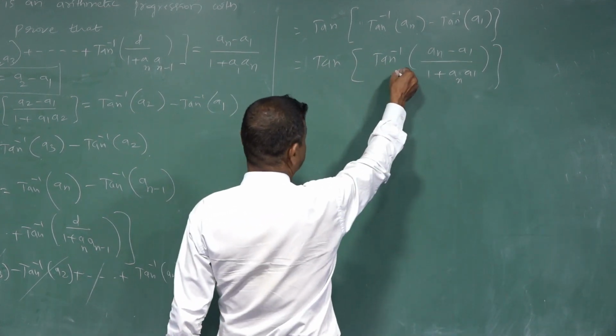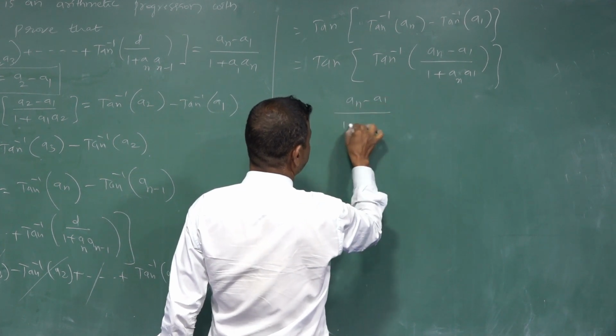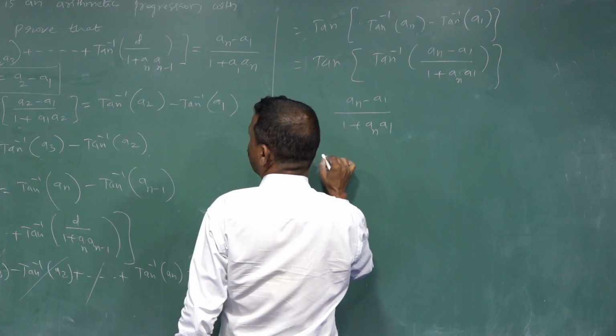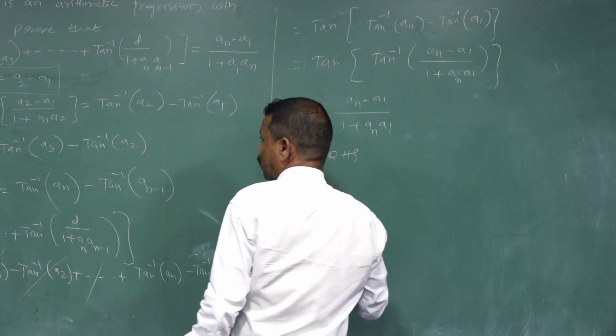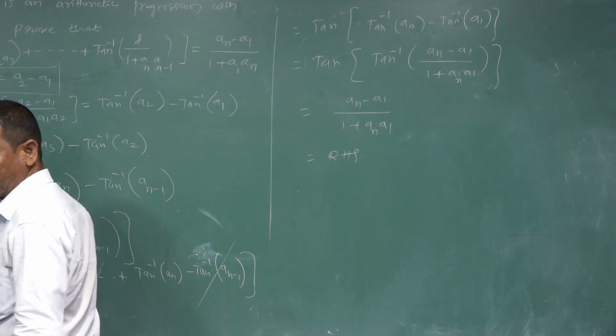Tan of tan inverse cancelled, then (an minus a1) by (1 plus an a1). This is the RHS value. This is the LHS value. Consider this value the LHS value.